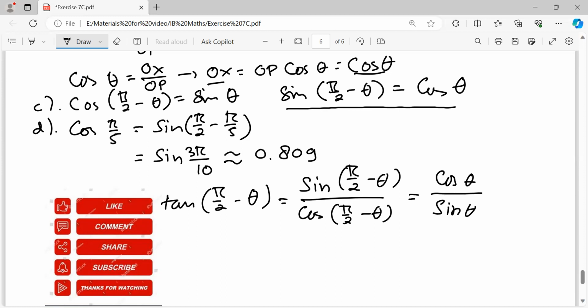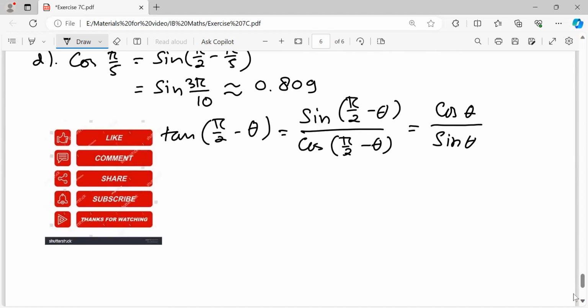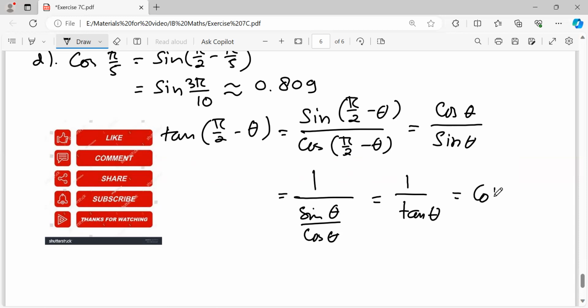And next, this is 1 over sine theta over cosine theta, or it is 1 over tangent theta, or cotangent theta.